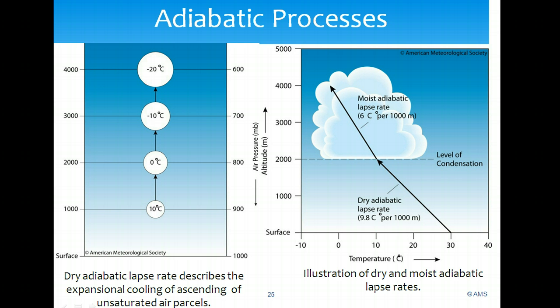Thus, different parcels of air with different temperatures and different moistures can have significantly interesting effects on weather in the atmosphere, specifically in the troposphere, whereby cooling and heating rates of air parcels are based not only on altitude but on the amount of moisture found within these air parcels themselves.